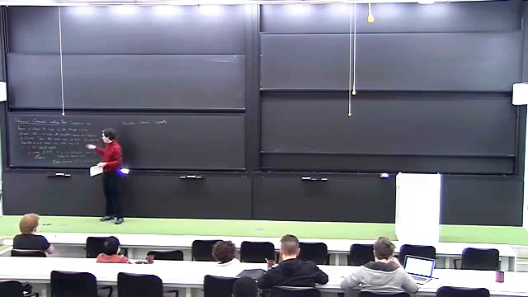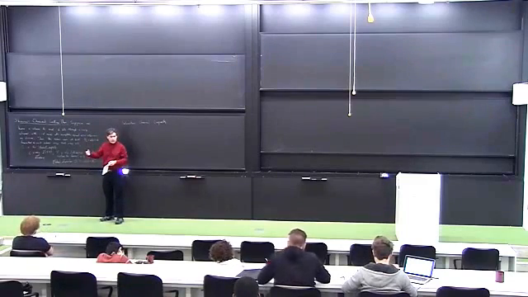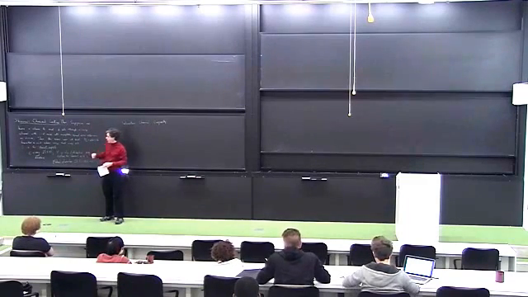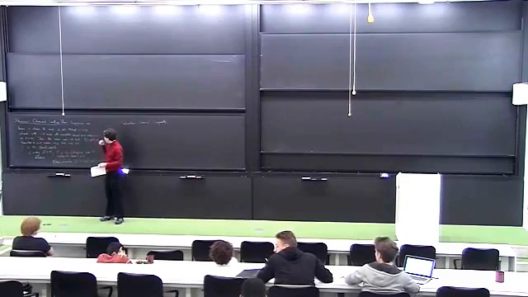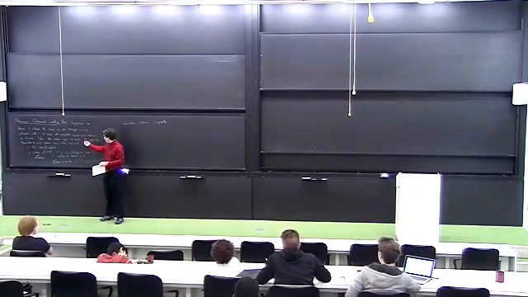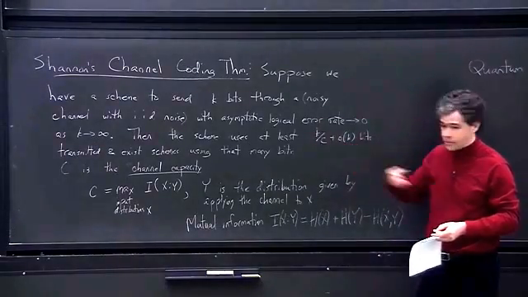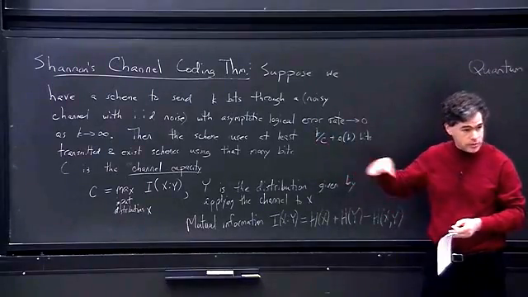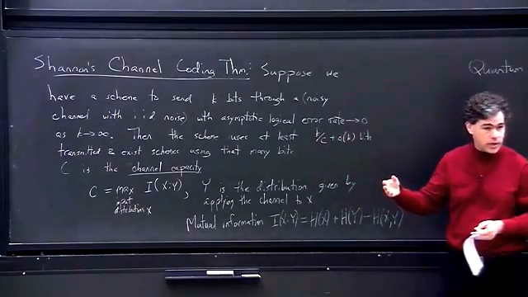We want the asymptotic logical error rate to go to 0 as the number of qubits goes to infinity. And there's some capacity c such that to send k logical bits, we need k over c plus little o of k qubits.